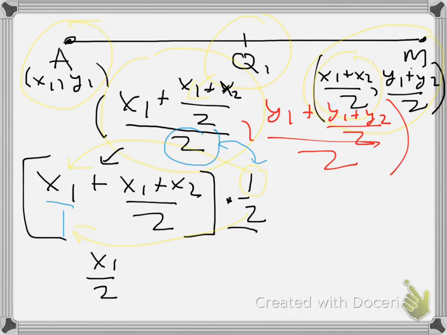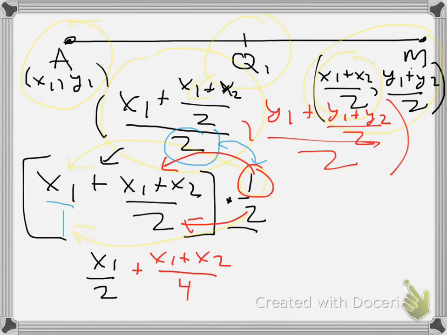Okay? Now I'm going to do the same thing here. I'm going to go 1 times everything here, which doesn't change everything, over, now I've got to go 2 times 2, which is 4.